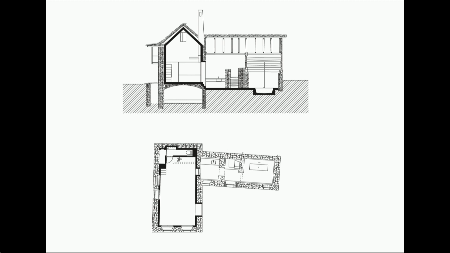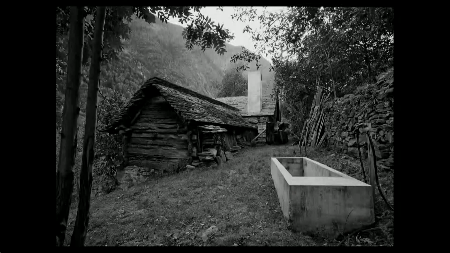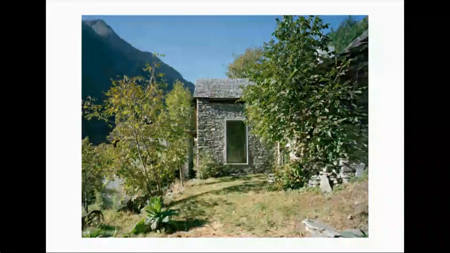So originally there were three floors, stables underneath. This is the heating. You have animals under the ground that would give you sufficient heat for a certain period. And of course, people would work on this level and sleep up on the second level. Just a few elements that show the changes of the house.